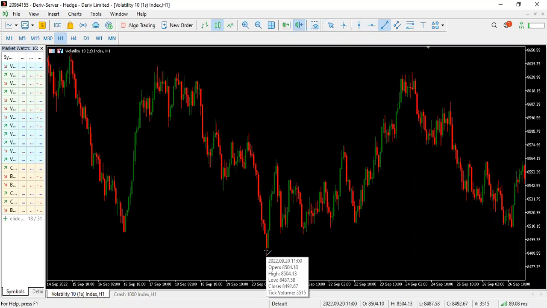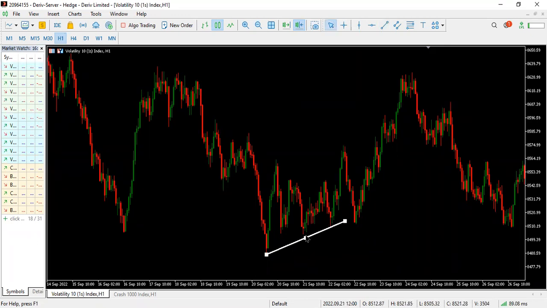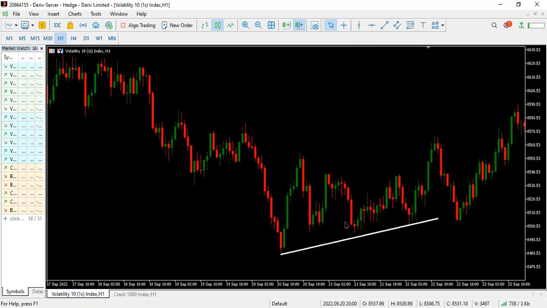Go up, drawing the trend line going up. I don't know if I'm correct. You are not correct, but there's a trend line around this point. The reason why you are not correct, look at this. Do you see the gap in between?